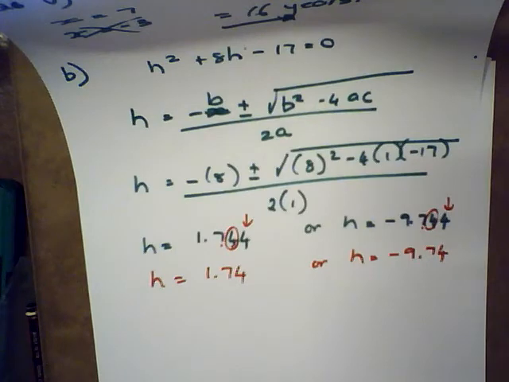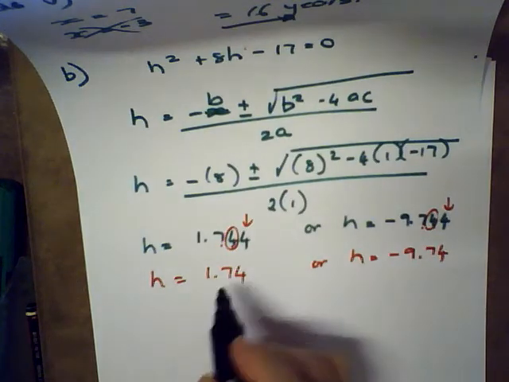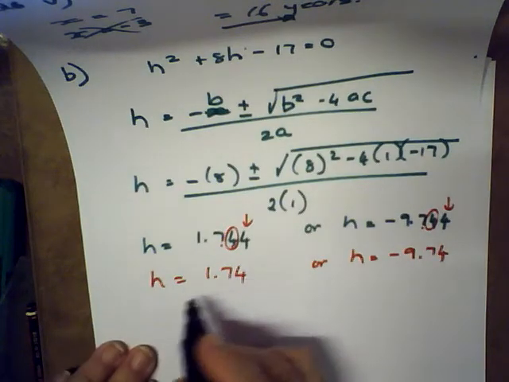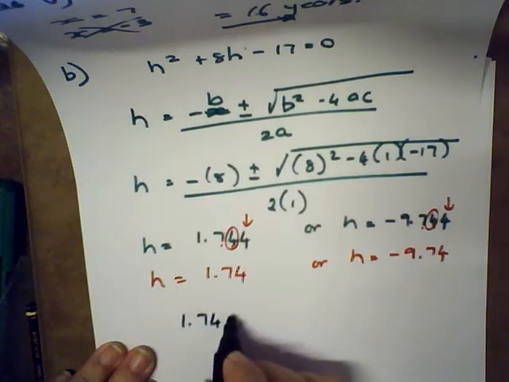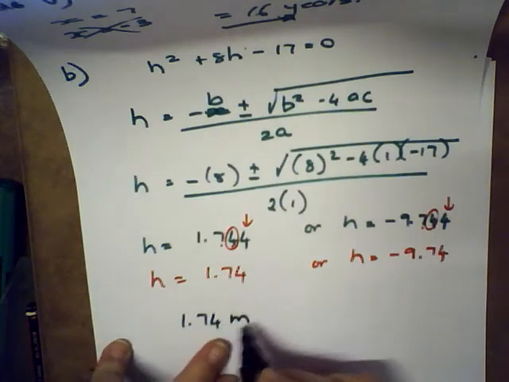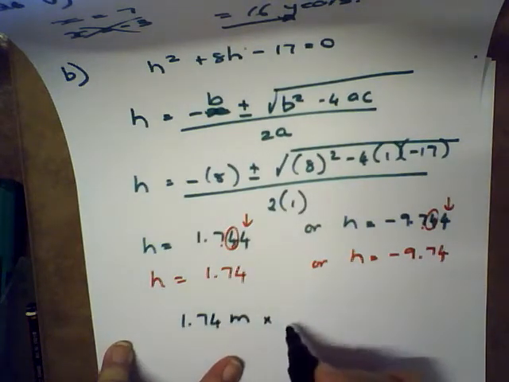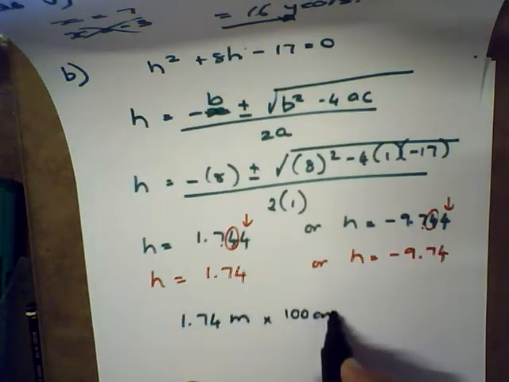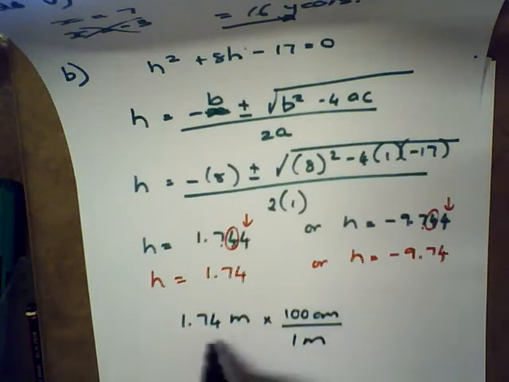So to the nearest centimeter, this is in terms of meters because they said at the start that Claude's height h meters is one of the solutions. So we know that 1.74 meters, to convert meters to centimeters, I have to multiply it with a unit multiplier: 100 centimeters over 1 meter.